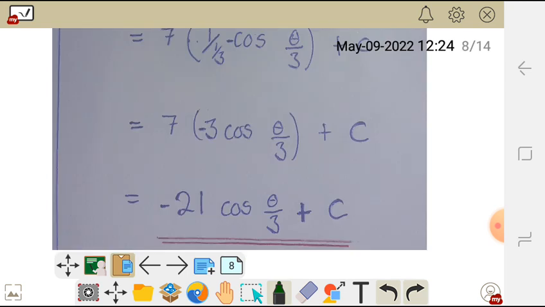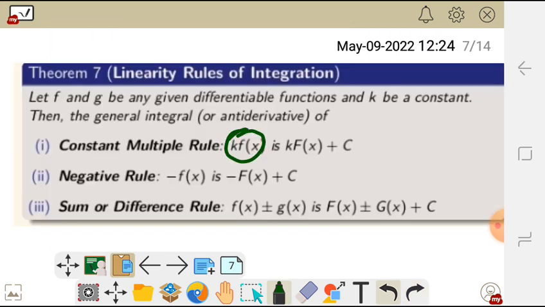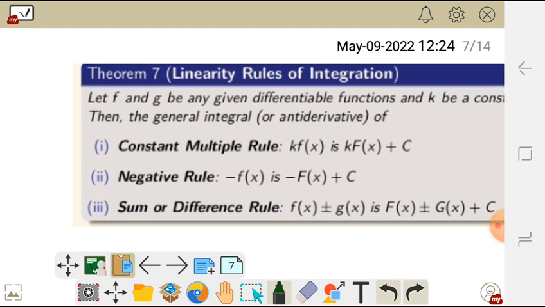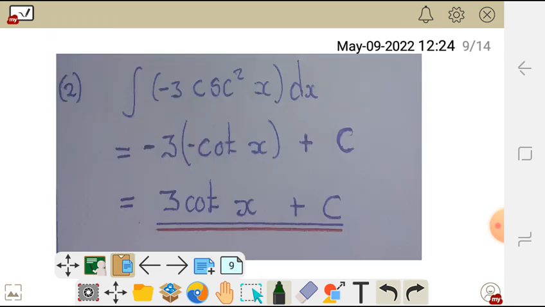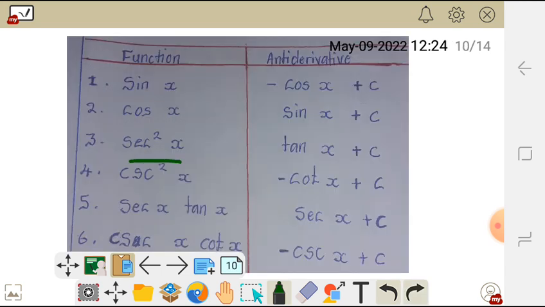To use this rule, which says if we have a constant k, then just integrate the function, multiply it with that constant and add a c, we are going to move the constant, which is negative 3, outside, and the antiderivative of cosec squared of x is simply negative cot x plus c there.